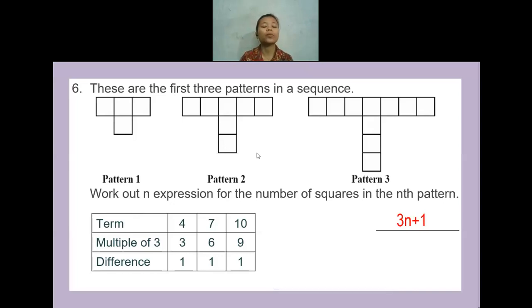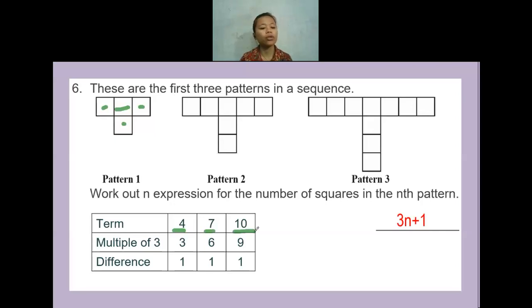The term is based on how many boxes there are in each pattern. In the first pattern, there are 1, 2, 3, 4 boxes, so the first term will be 4. For pattern 2, there are 7 boxes. For pattern 3, there are 10 boxes.